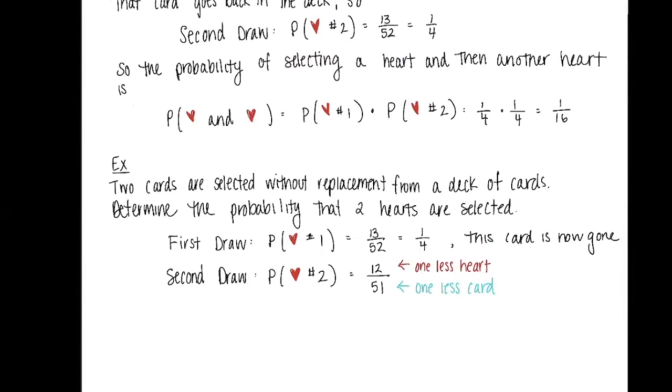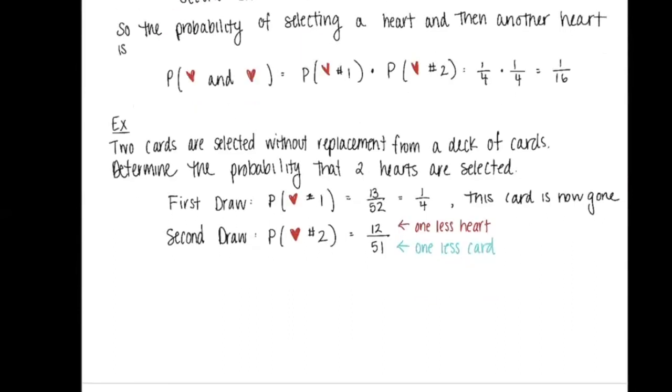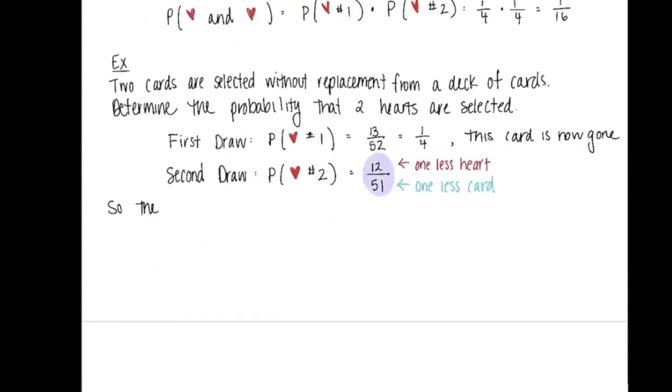So it's ultimately changed that second probability a lot, but I still do the same thing to find my probability of getting 2 hearts. I multiply these two together. But does this one make sense for the second probability? So be careful when it says without replacement, that second one is going to change quite a bit.